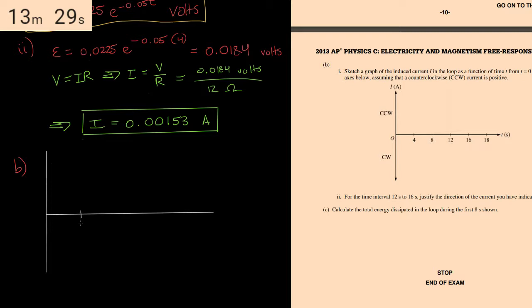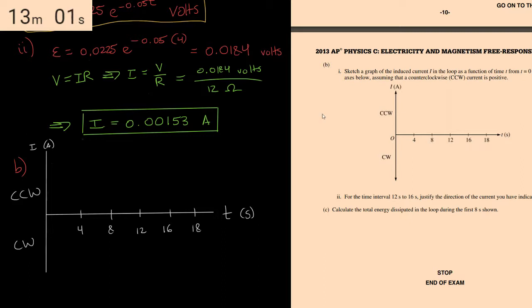So here we're going to have 4 seconds, 8 seconds, 12, 16, and then I guess we just jumped straight to 18. Cool. And so here we're going to have time in seconds and the current in amps. And on the top we've got counterclockwise, on the bottom we've got clockwise. Nice, we've reproduced their graph now.